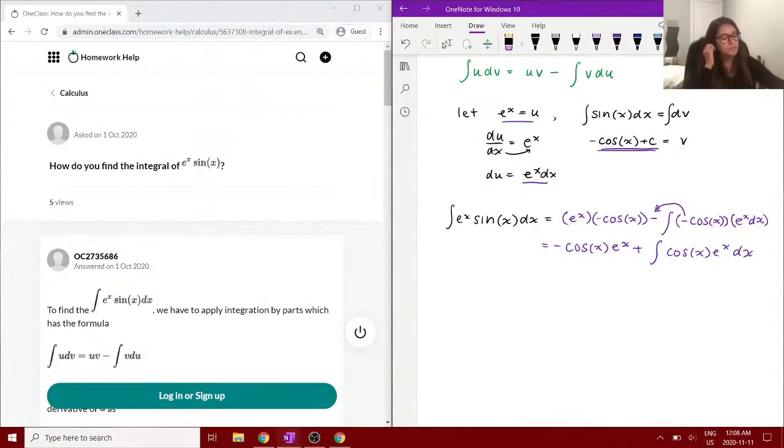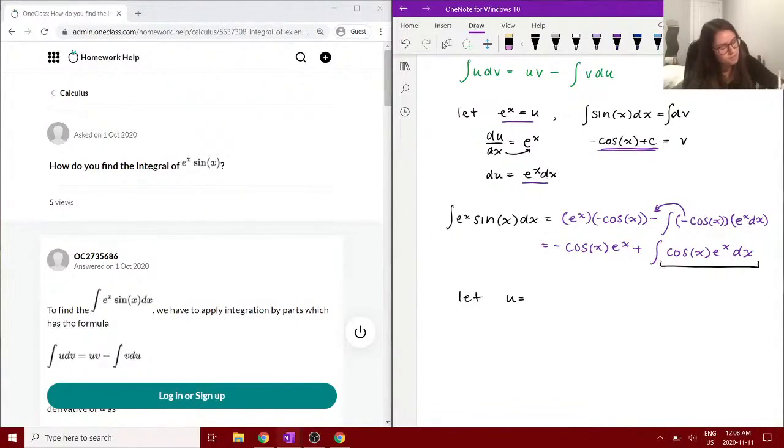So that means what we're going to have to do is apply integration by parts again. All right, so I'm going to do the same thing as first time, and we're going to let u equal something else now. We're just focusing on this portion, right? Because this first term is now integrated. We don't have to worry about it anymore. We're just working with the second term.